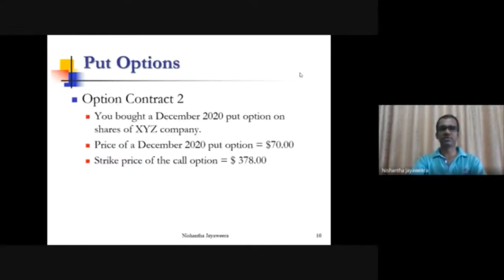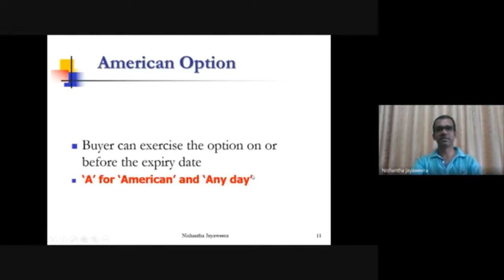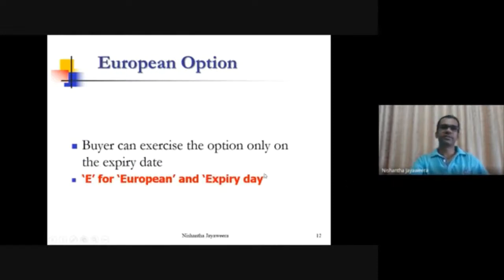So that's the difference between American option and European style option. So all those things we discuss. Put option, right to sell the asset at a specific given price. American option, you can exercise the right any day. European only on the expiry day.